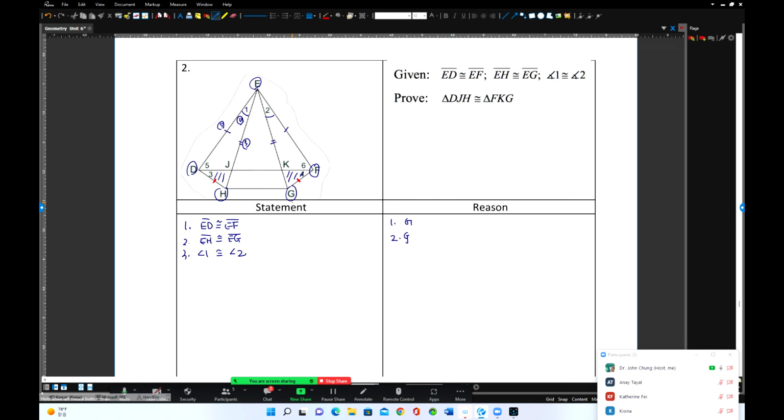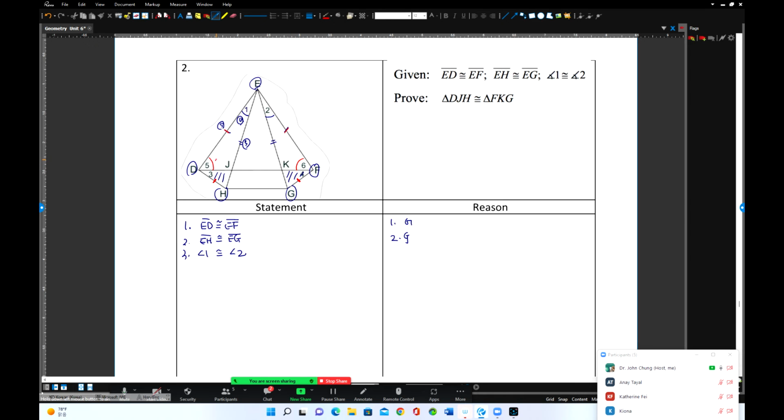Only one there. Where is another one? This one is a little hard, okay? Because these two sides are congruent, its opposite angles are also congruent.